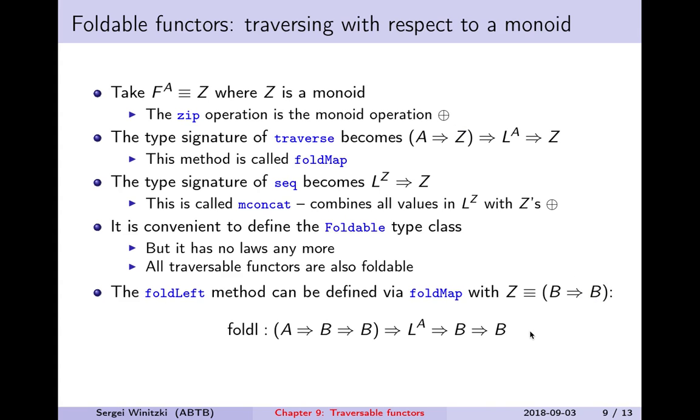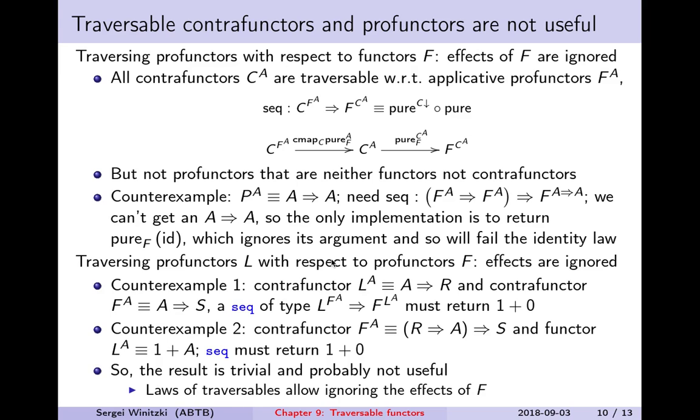And so for this reason, every foldable has a foldLeft method, foldMap, and mconcat, and every traversable also has them. And so now we know which functors are foldable and traversable.